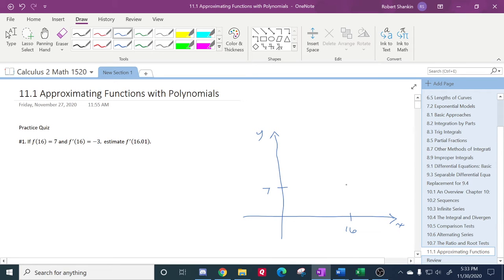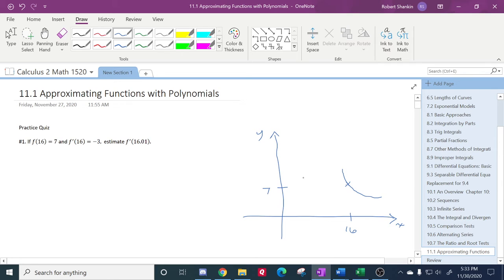We know that the function goes through this point, but how does it go through this point? It must be going through it in a downward fashion, because the derivative at this point is negative 3. Negative 1 would be a 45-degree angle. Negative 3 is more steep. It's kind of coming through like this.